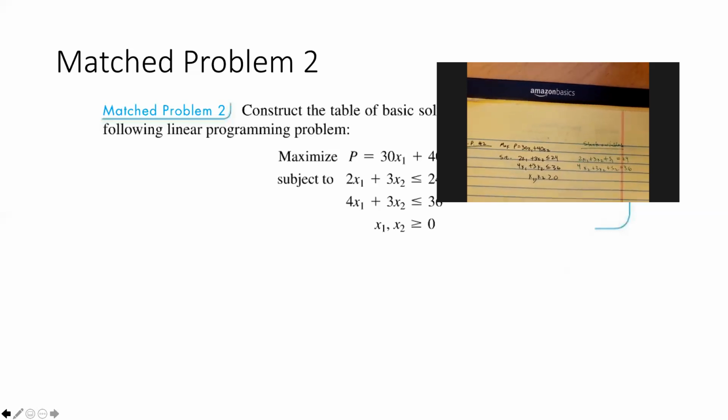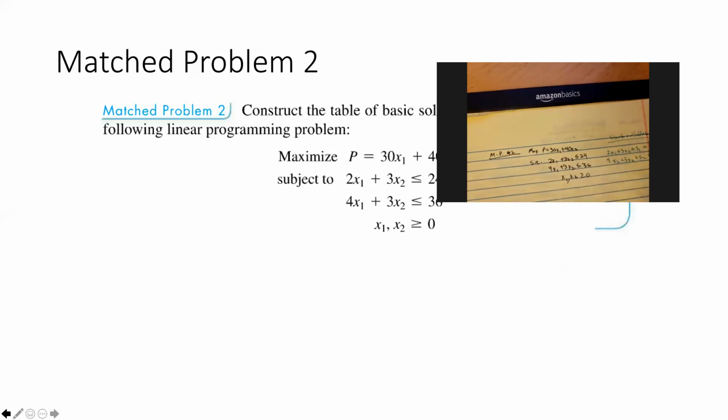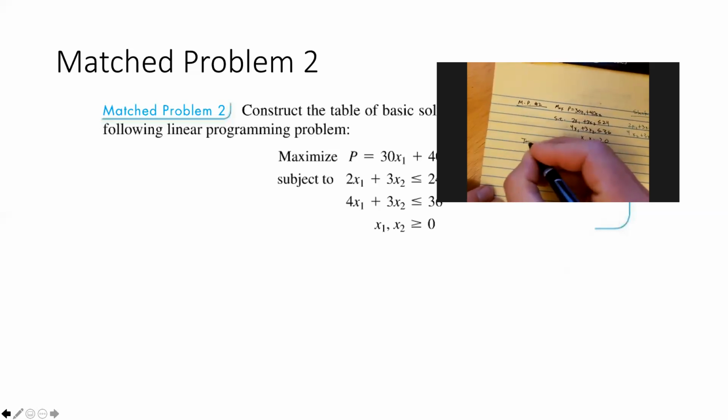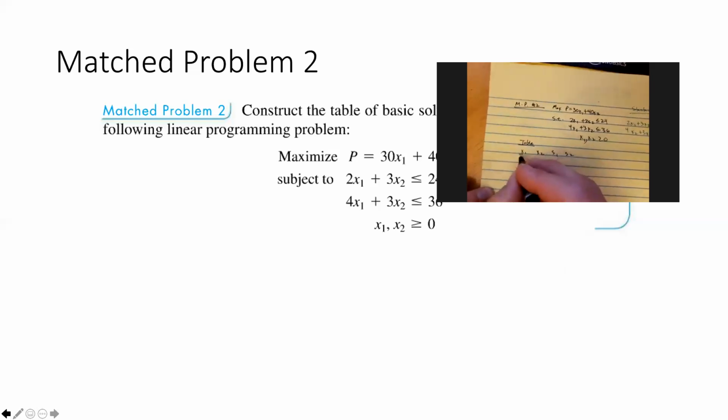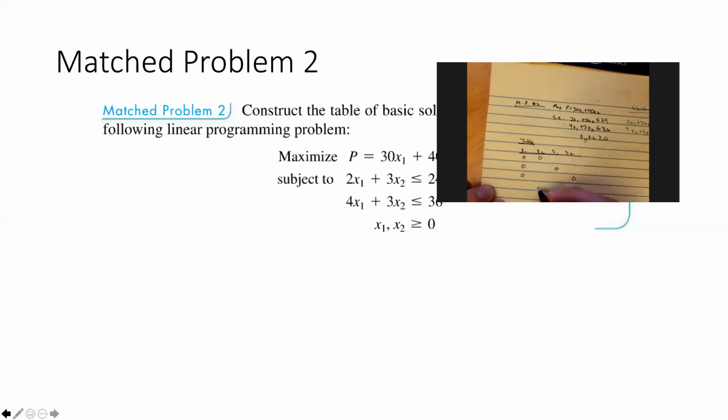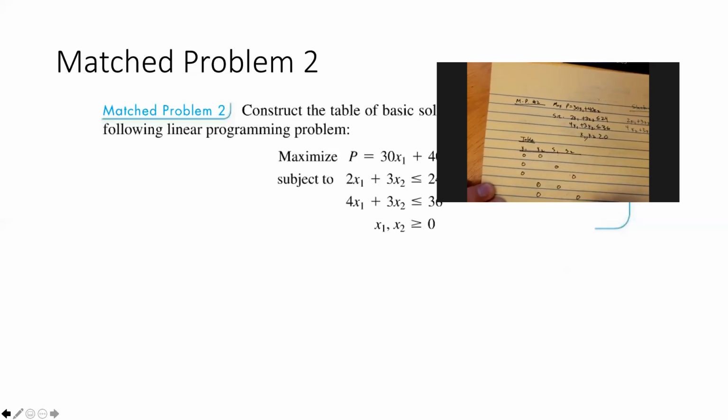So we got that. Now all we need to do is make a table again. So if we make our table for it, if we're making our table, we're going to have x1, x2, s1, s2, right? I'll draw my lines. So I'm going to pair x1 and x2 as 0 first, then x1 and s1, then x1 and s2, then x2 and s1, then x2 and s2, then s1 and s2, right?